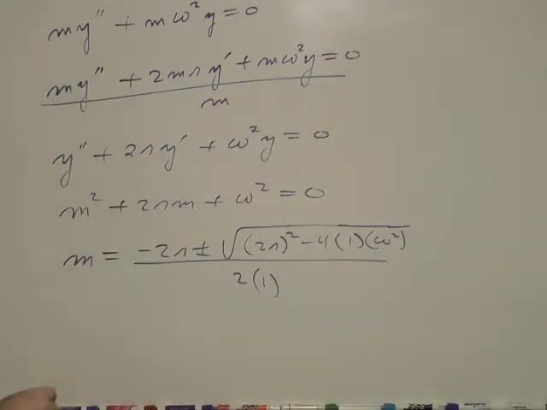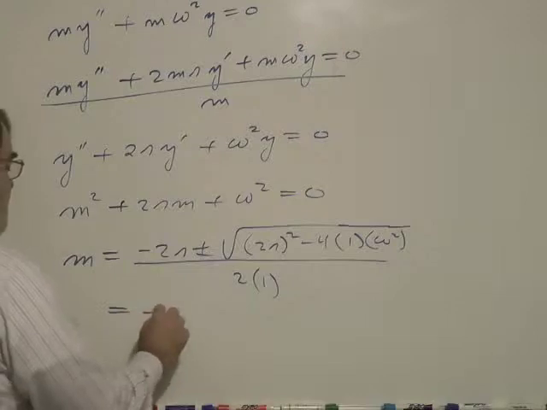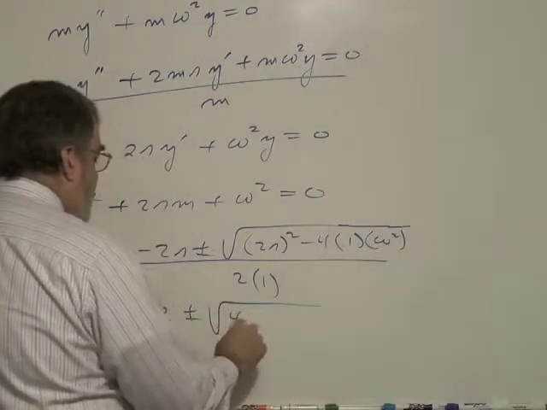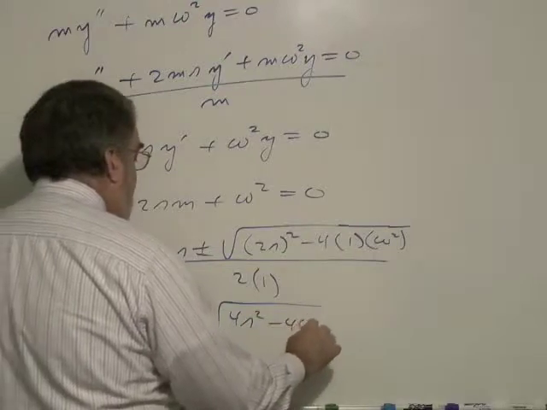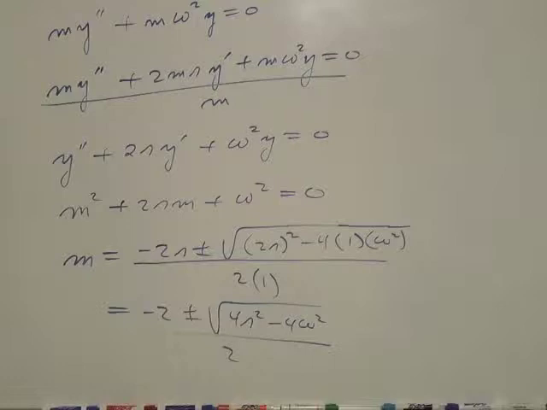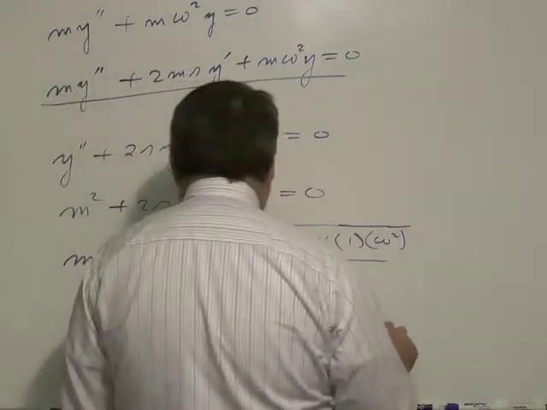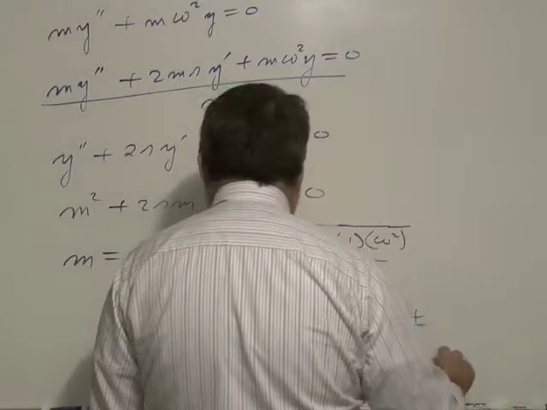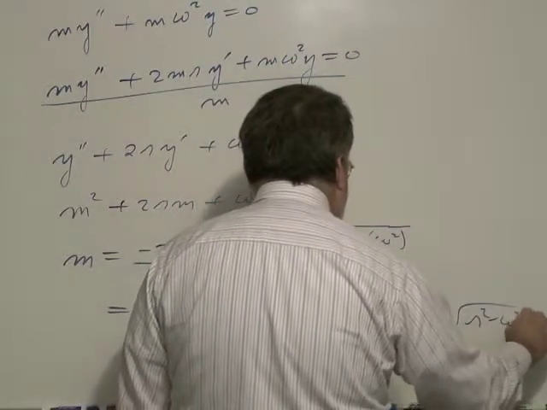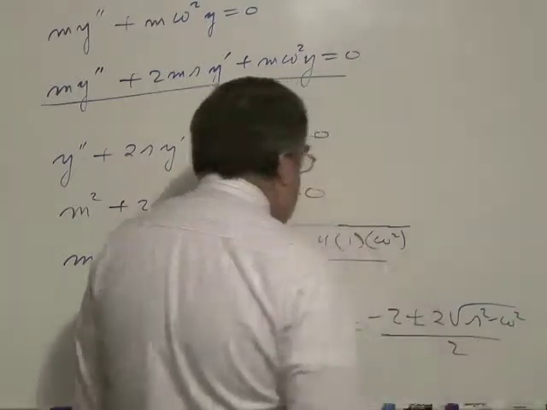There we go. So let's see, we have minus 2r plus or minus square root of 4r squared minus 4 omega squared over 2. And here we can factor out a square root of 4. And square root of 4 is 2, isn't it? Minus 2r plus or minus 2 square root of r squared minus omega squared divided by 2.